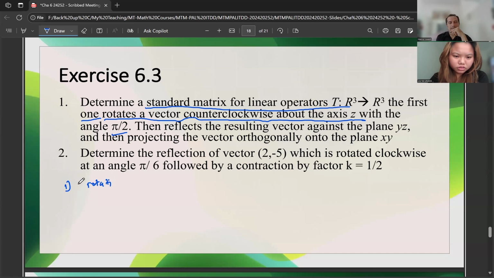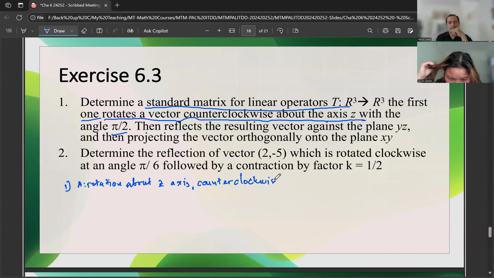The first operator is rotation about the z-axis, with the angle clockwise. Then theta is pi over 2, or 90 degrees. Now, after we know the operation, we must know the standard matrix.